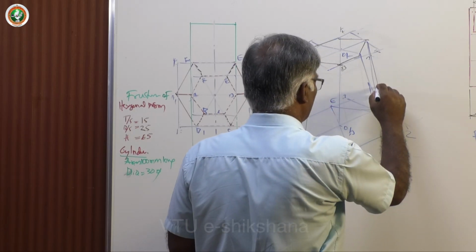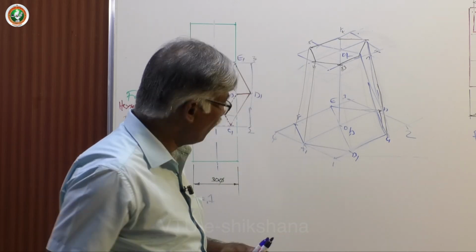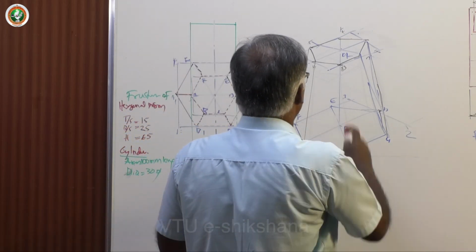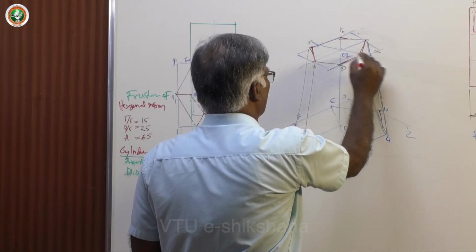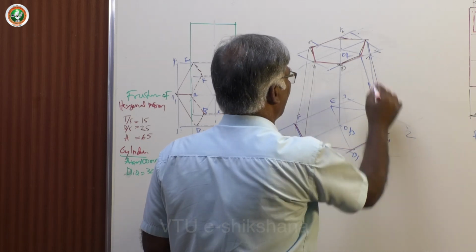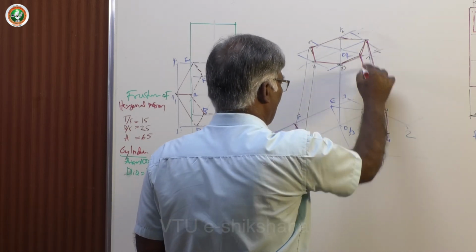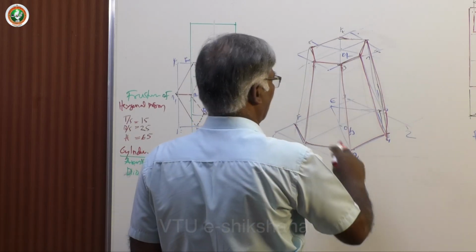Before going to complete this, you try to draw this, the top face and this is base. Let me keep DD1 and EE1. Now it's okay, done this. Top face, don't darken.